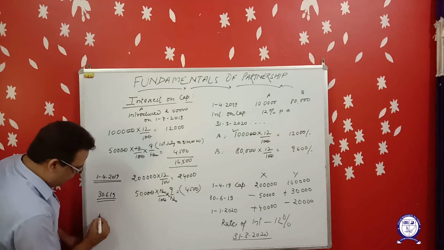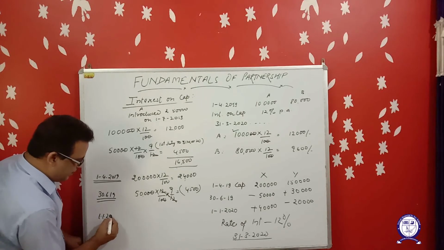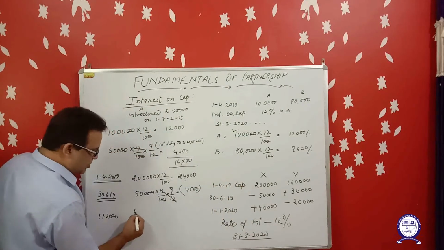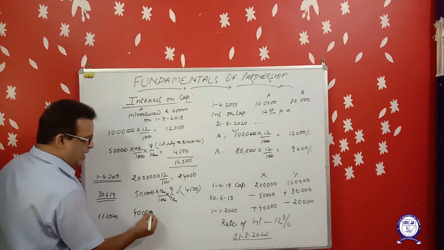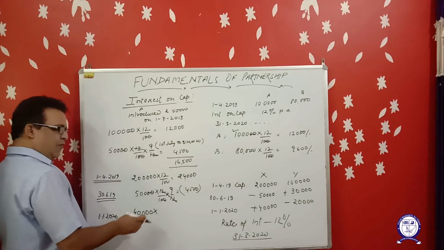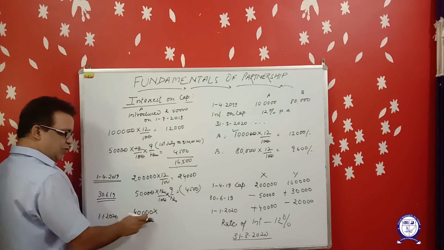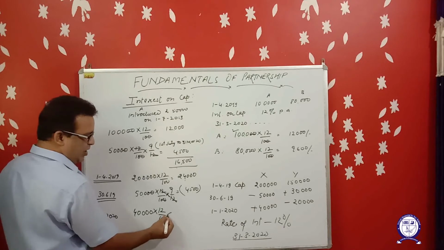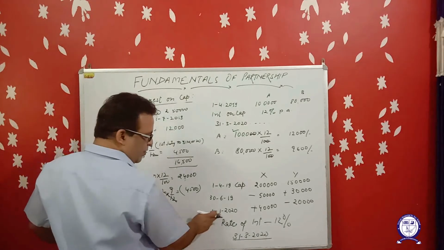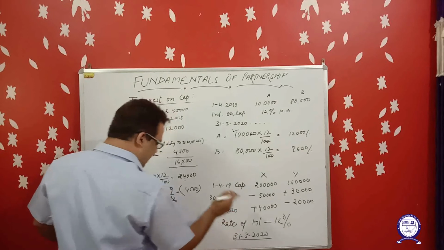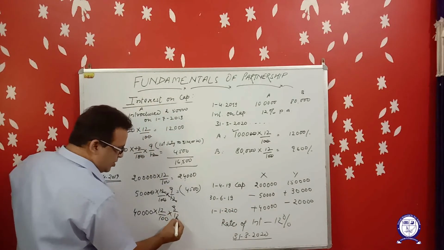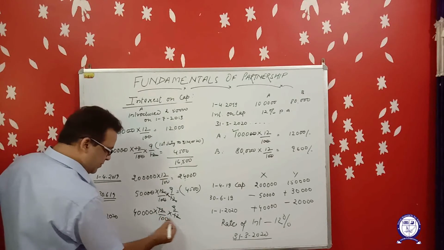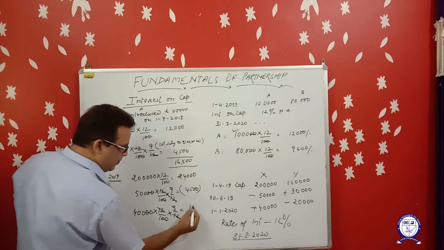Next, on 1st January 2020, X has introduced 40,000 again. So calculate the amount of interest on 40,000 separately. 12%, 12 by 100. From 1st Jan to 31st March, only 3 months are there. So 3 months interest will be calculated on 40,000: 1,200.